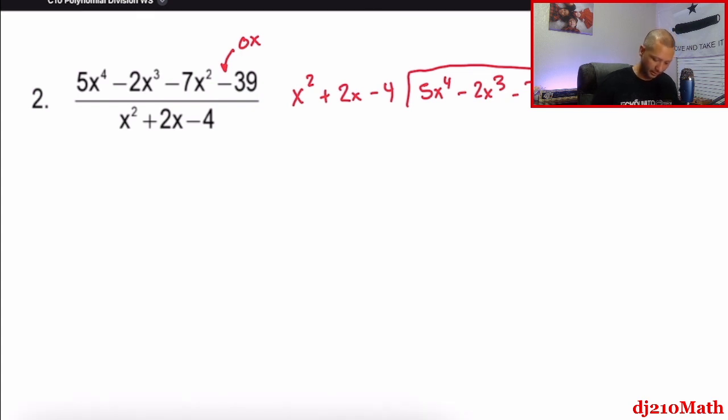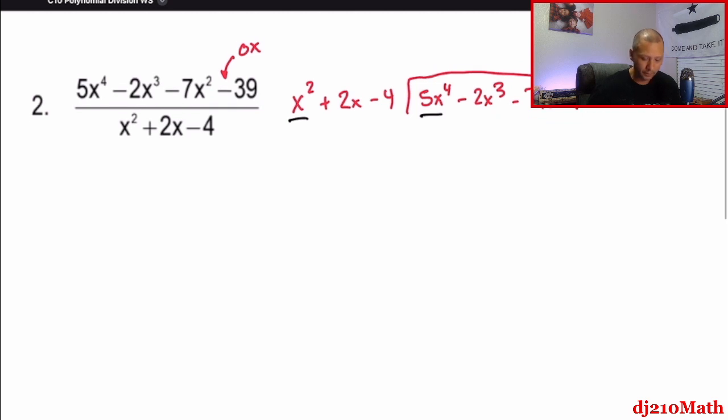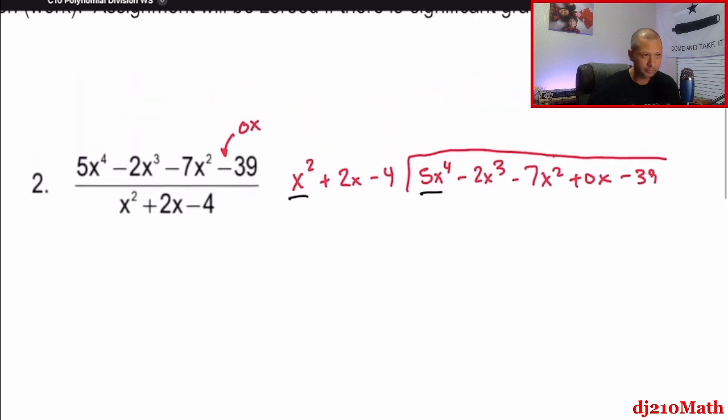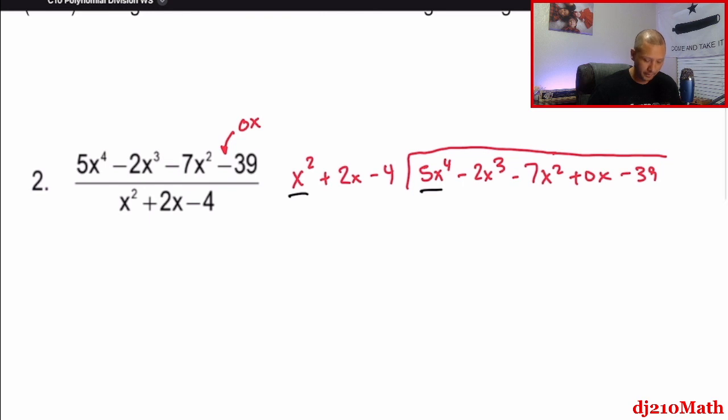Okay, looking at just the leading terms. x squared times what gives me 5x to the fourth? So this is going to be 5x squared. Multiply. This is going to be 5x to the fourth, right? We add the exponents.